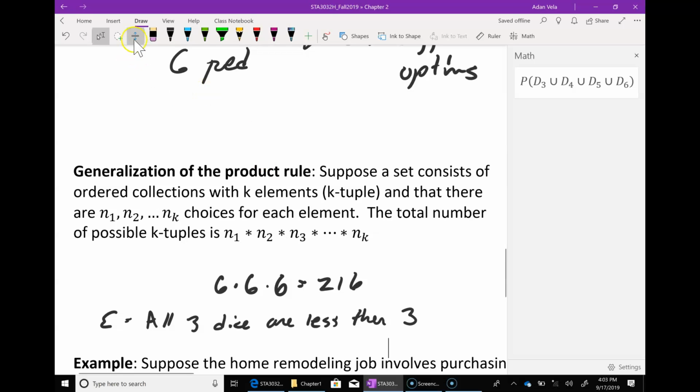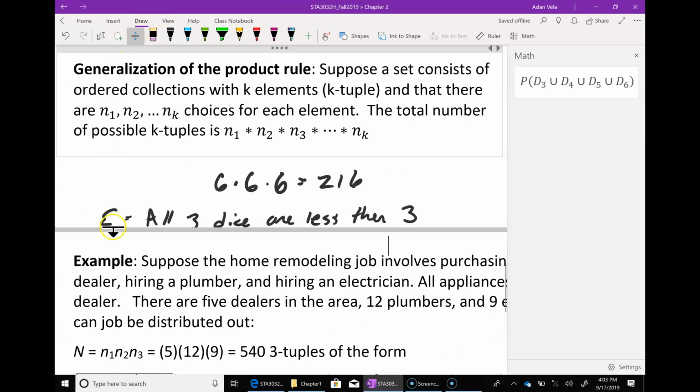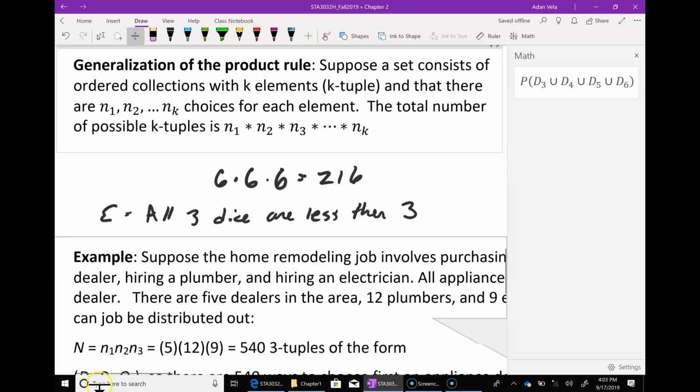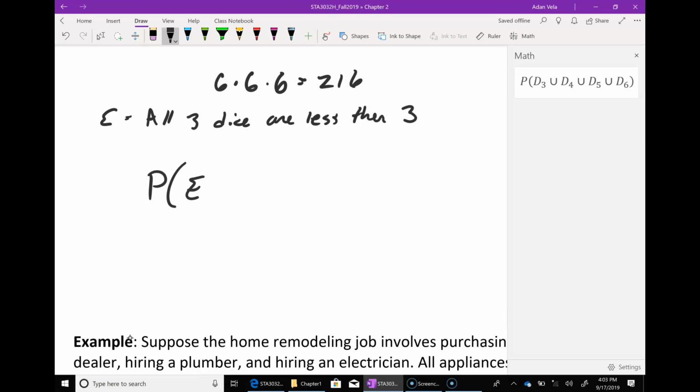Okay. So if we want to do that, the probability of this complex event is equal to the number of ways that we can get that event over the total number of ways we can roll 3 dice, right?